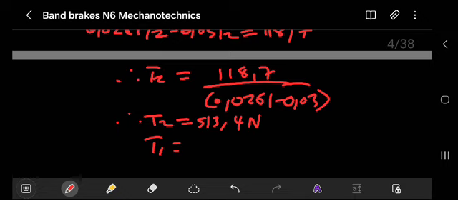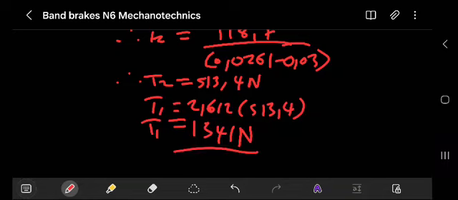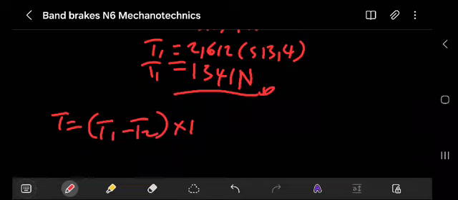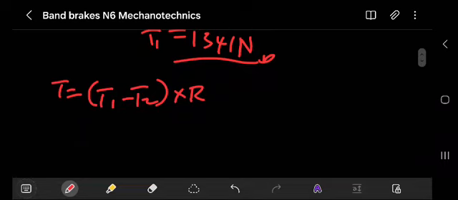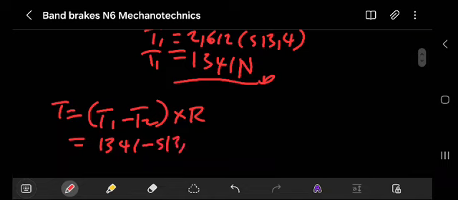Then T1 would be what? 2,612 multiplied by 513.4 will be equal to 1341 Newton. So the torque now, when you're rotating anti-clockwise, the torque is T1 minus T2 multiplied by R. So T1 is 1341 minus T2, which is 513.4.